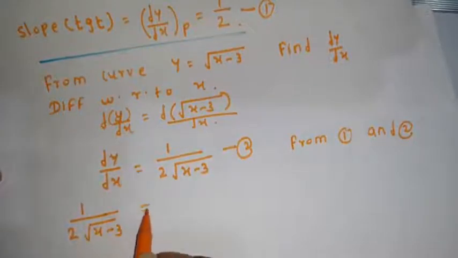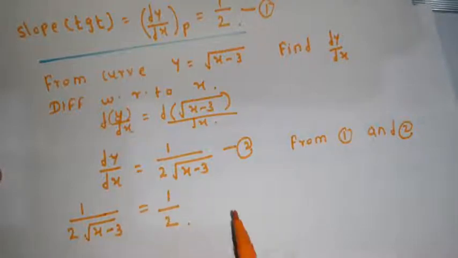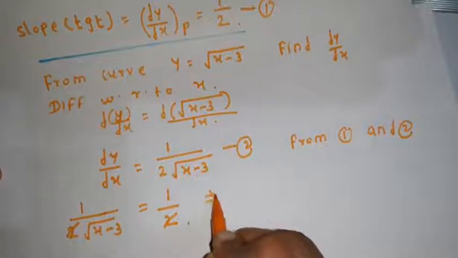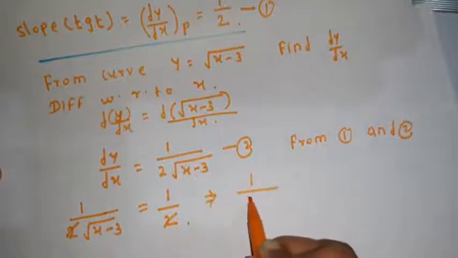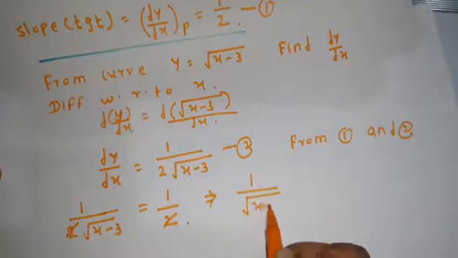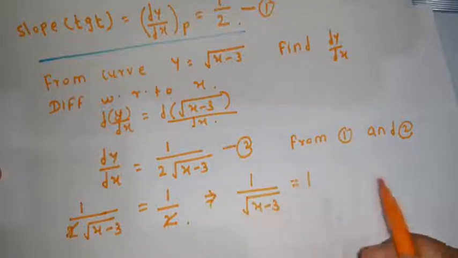So 1 upon 2 root x minus 3 equals 1 by 2. These two get cancelled, and now we have 1 upon root of x minus 3 equal to 1.